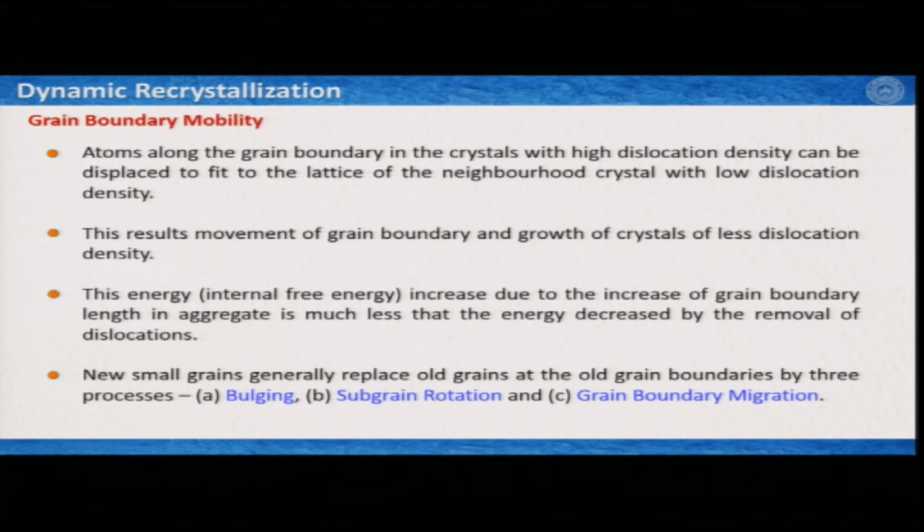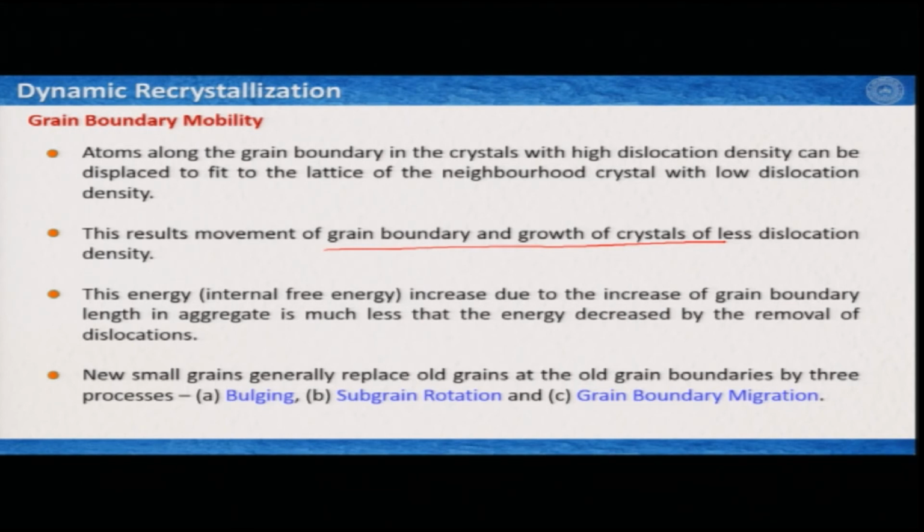This results in movement of the grain boundary and growth of crystals of less dislocation density. So, if I have an area of less dislocation density, then the boundary of this area tries to invade into the grains where the dislocation density is higher.